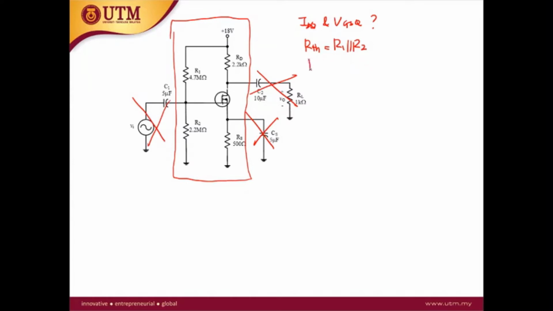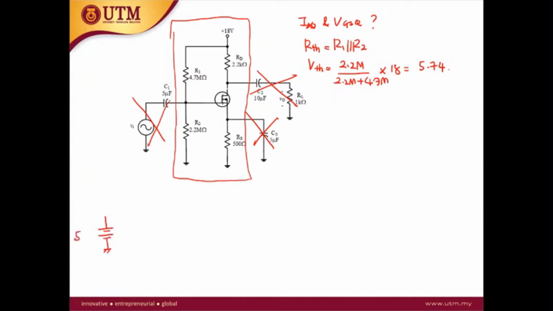And then VTH is 2.2 mega over 2.2 mega plus 4.7 mega times 18. So this is equal to 5.74.